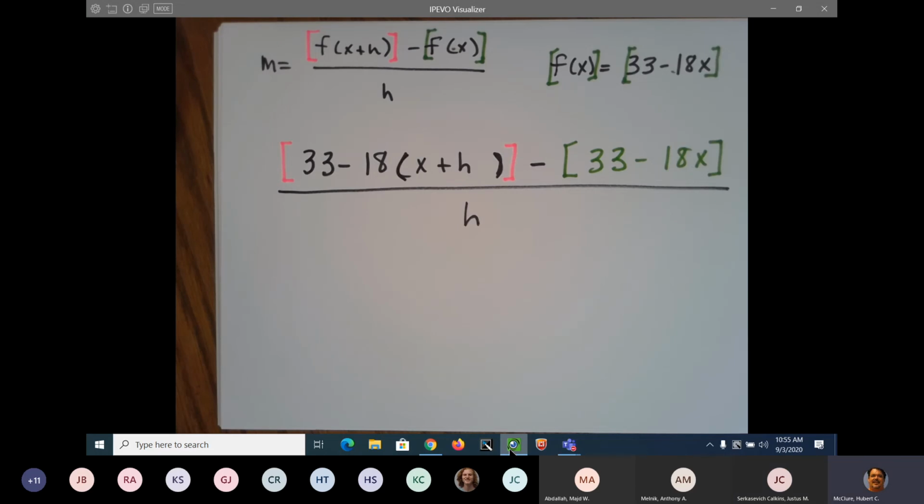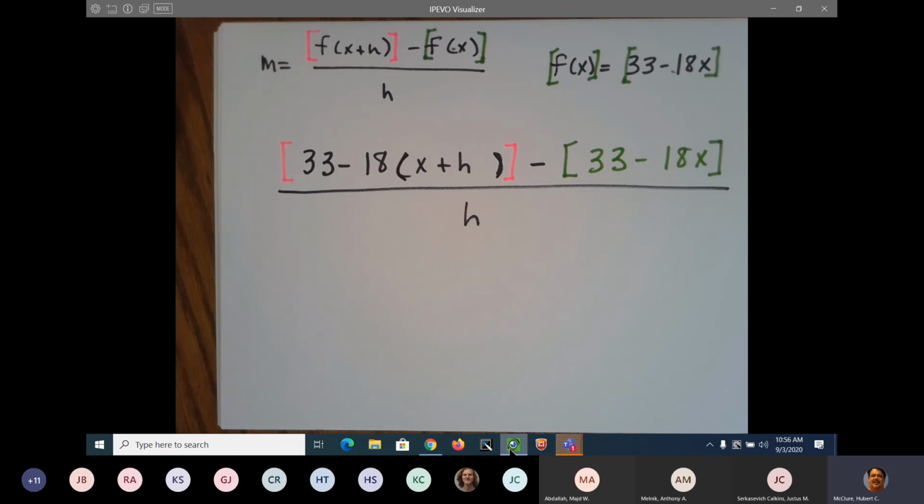I'll give you another 30. Okay, the stopwatch says if they're not finished with the problem, they're a failure. That's what the stopwatch says. Hopefully prove it wrong.